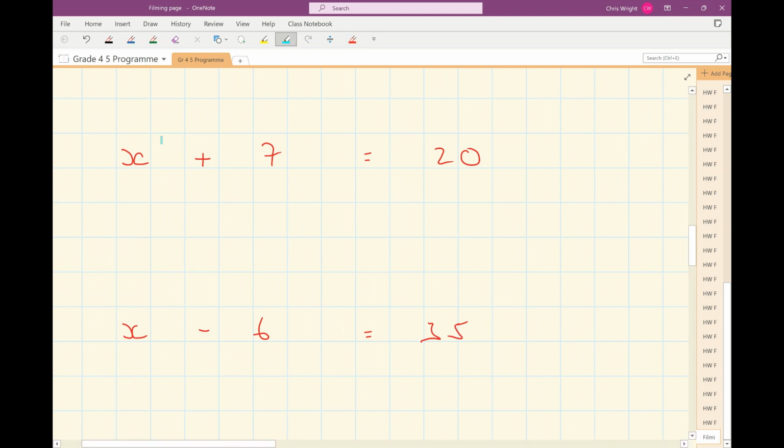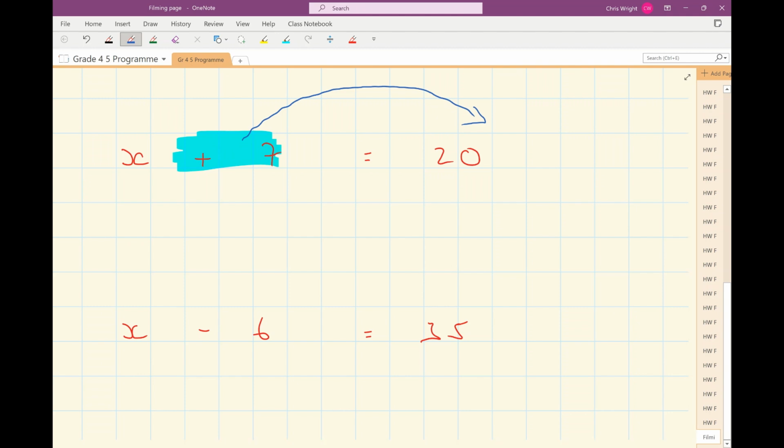On the left hand side, at the moment we've got x plus 7 and we just want x. So we want to get rid of this plus 7. We're going to take the plus 7, float it over to the other side, where it's going to ping up as a minus 7. Because if you float a plus 7, it pings up on the other side as a minus 7.